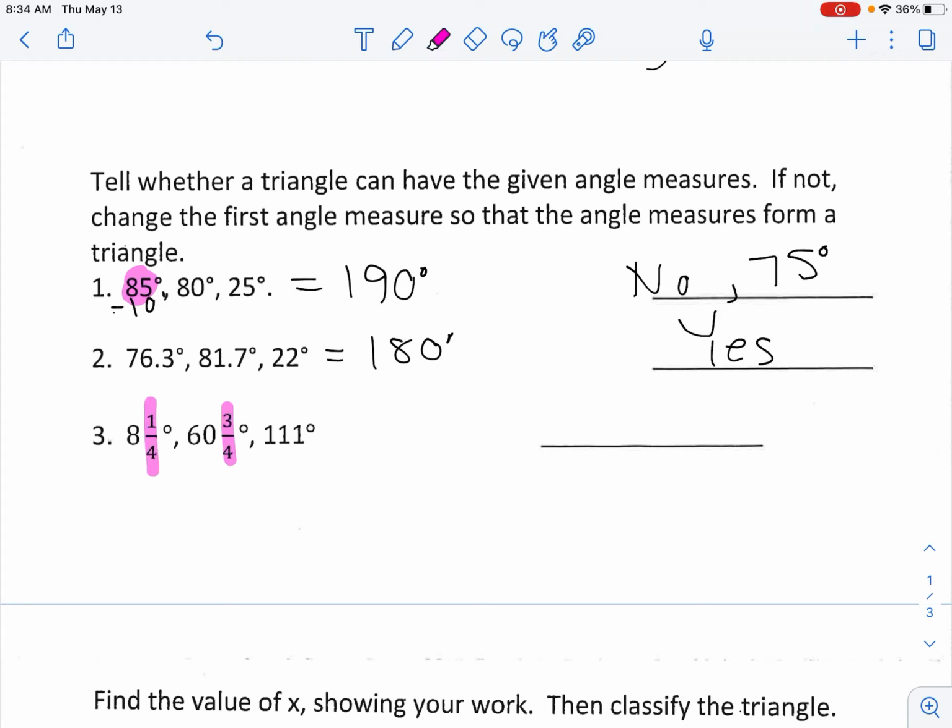So we know that these two equal 1, right? 1/4 and 3/4 is 1. So 8 plus 1 is 9. 60 plus 9 is 69, and 69 plus 111 is 180. So that would be another yes.